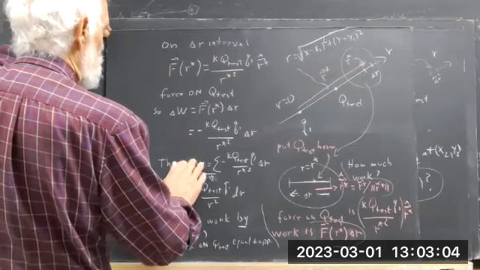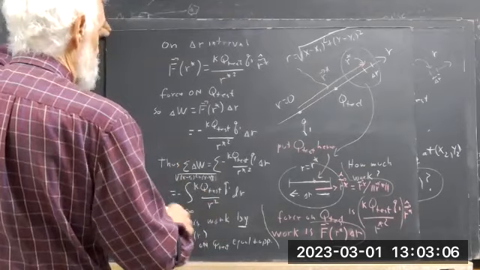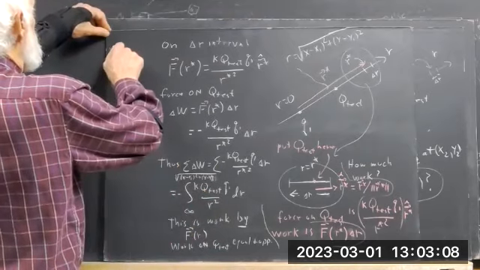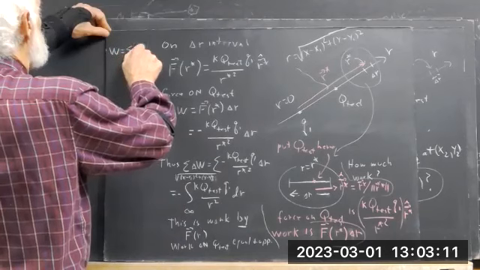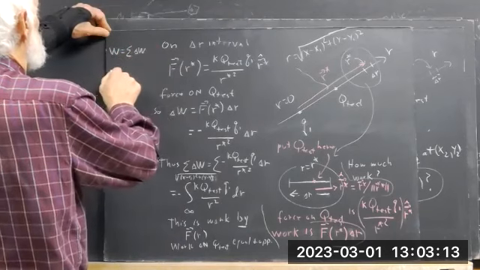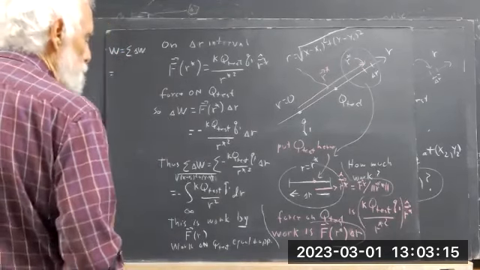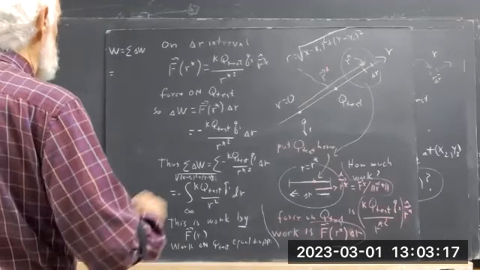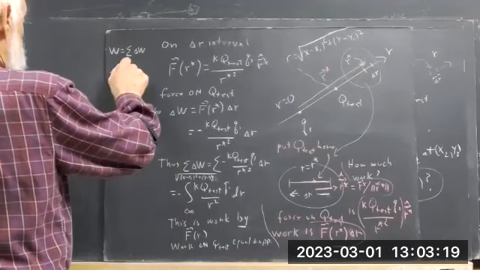I've got a delta W, the sum of the delta W is this. So the work. Actually, I got it turned around on the slides, but I didn't quite correct it.